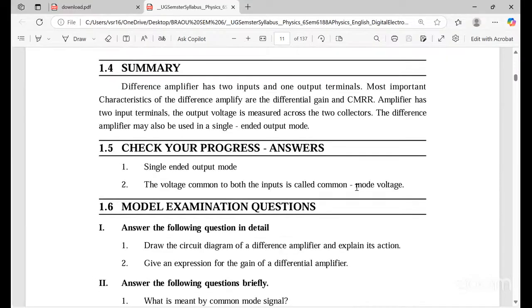Here is the summary. The differential amplifier has two inputs and only one output.